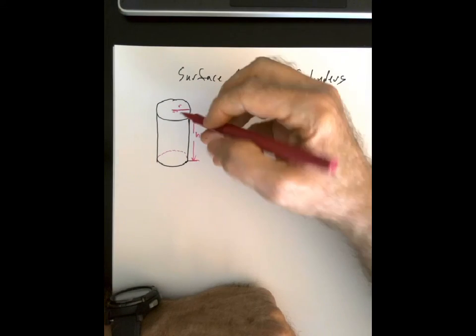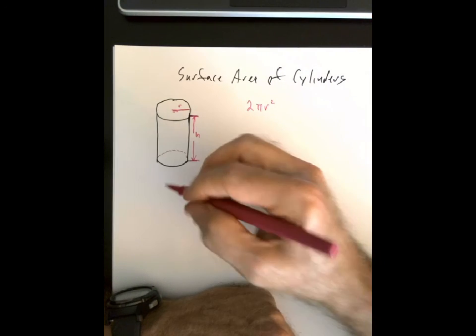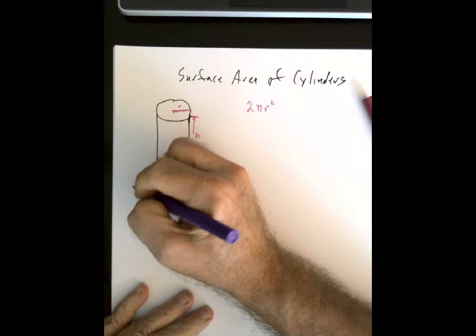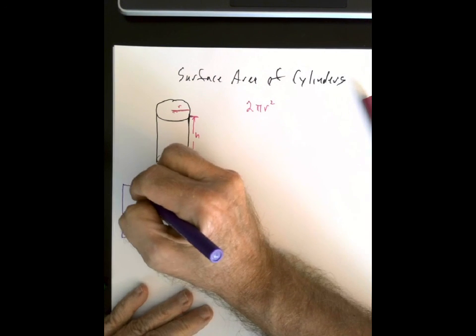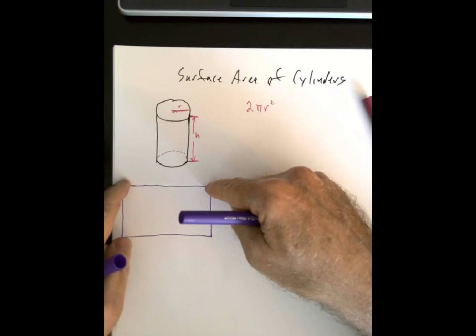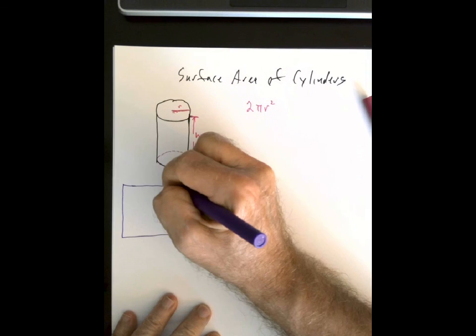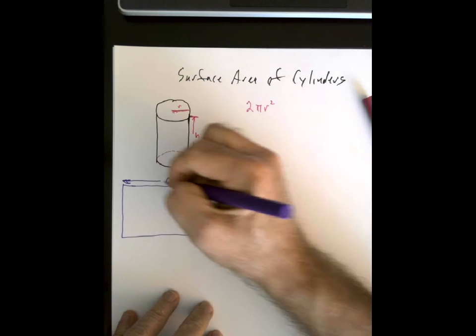Now, how are we going to get this? Well, we're not going to cut it apart, but remember that when we did cut it apart, this was curled around the top, so this length here is actually the circumference of the can.